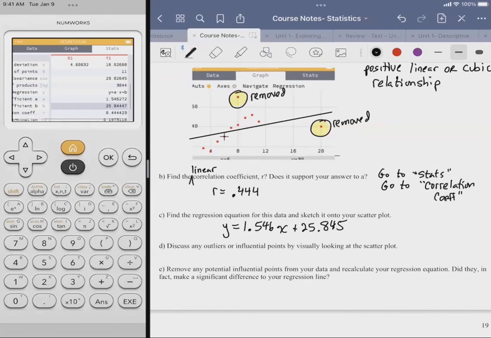Outliers in general are any points that are off of the distribution. Most of the points are kind of falling in line. Those are the 2 that are not in lockstep with everything else. Influential points are outliers in the x direction.